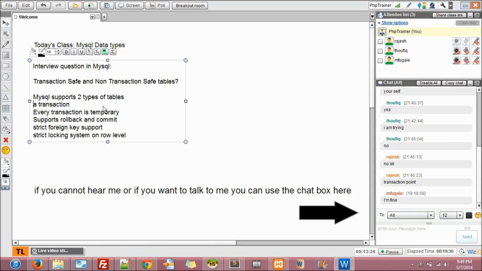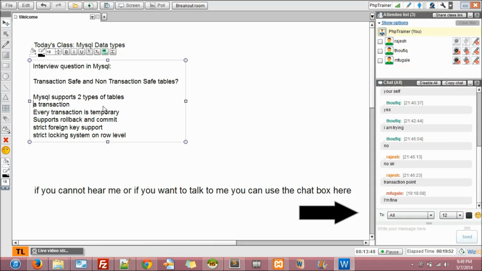So what happens in that case? If the transaction is not temporary, the other person may receive money and it may not be in the records, right? So there comes the importance of the transaction being temporary.